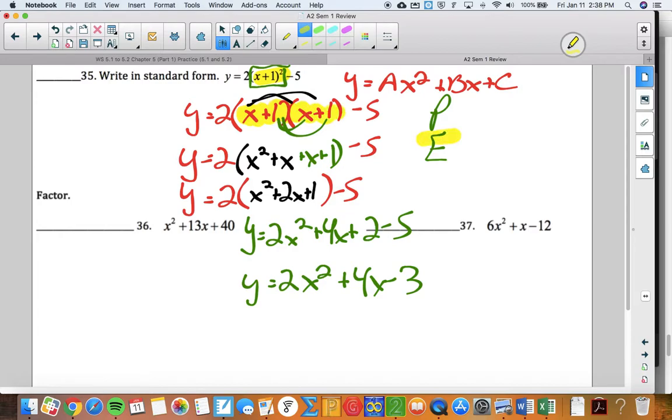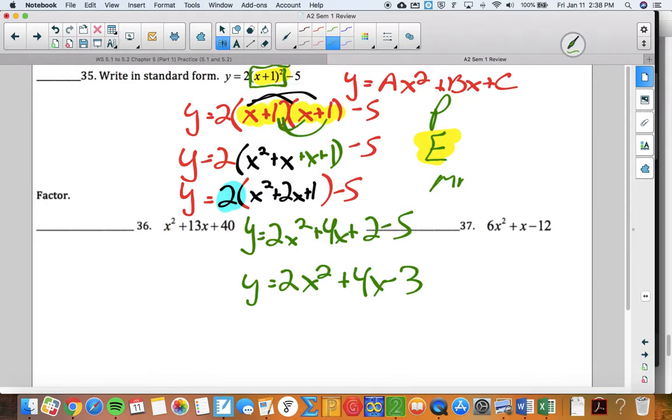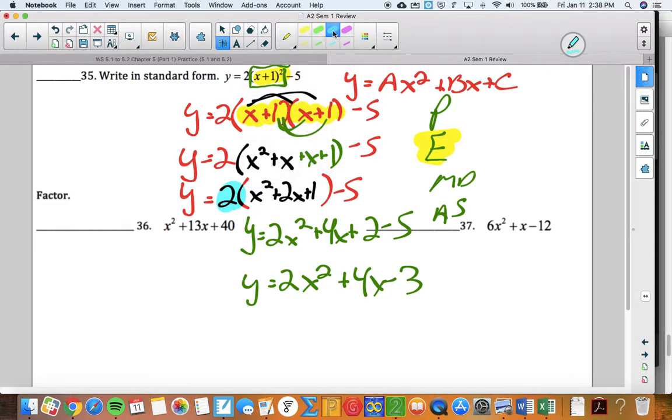So we need to take care of the exponent first. Then I multiplied this 2 into the simplified version of x plus 1 squared, and then we combine like terms. So this is not solving an equation, this is simplifying an equation. So we have to follow our order of operations.